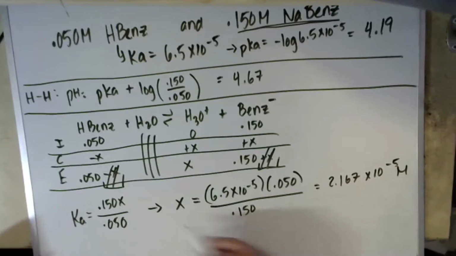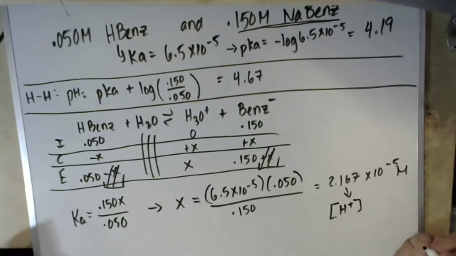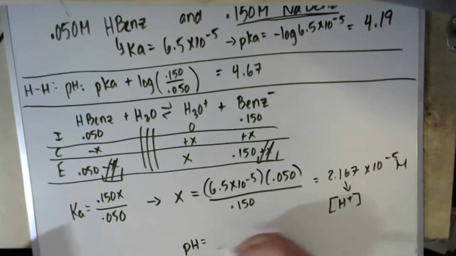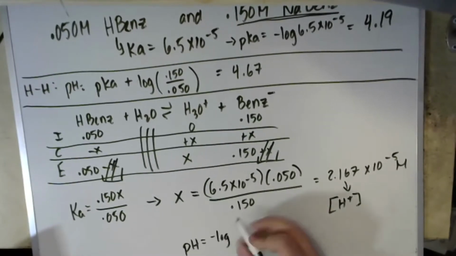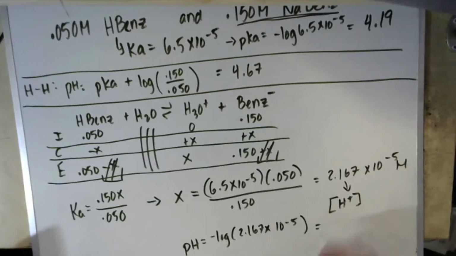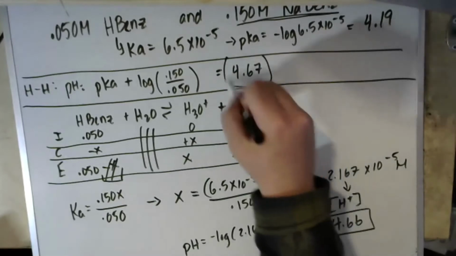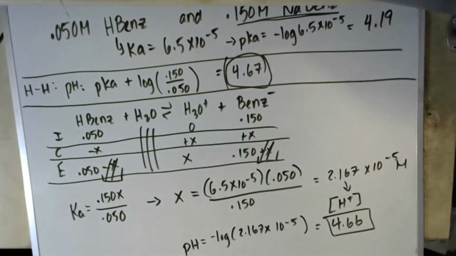That X value that we just calculated is going to equal the concentration of our hydrogen ion, so we can use it to calculate our pH. That's going to equal 4.66. So both methods are valid for solving for the pH of our buffer.